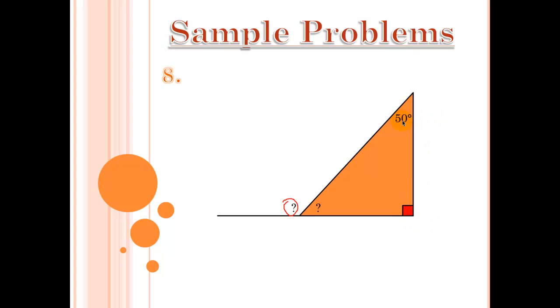So 50 degrees plus 90 degrees is equal to 140 degrees. So this angle will be equal to 140 degrees.